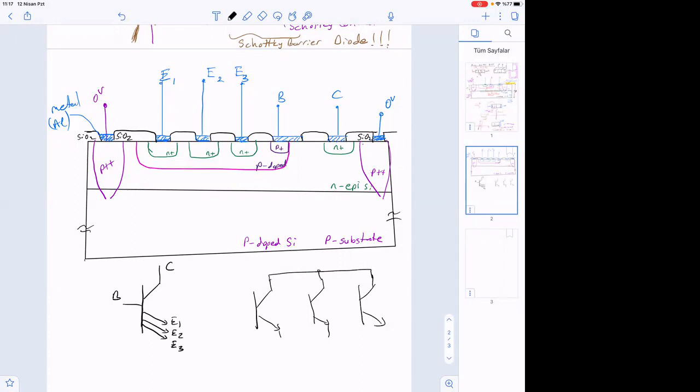They have common emitters, or sorry, common collector. And the base is touching here, and touching here. This is the common base. And this is emitter 1, emitter 2, and emitter 3. We are recording, right? Yeah, looks like we are. It's good.